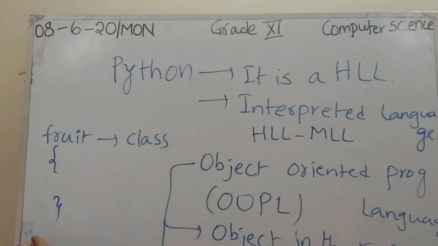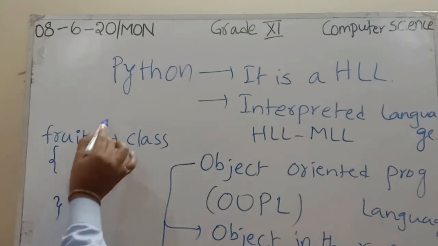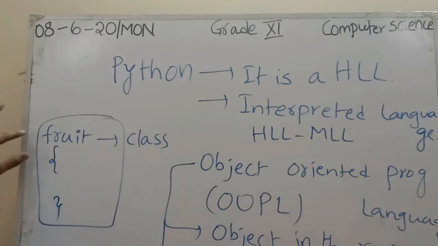But examples of fruits are objects. Banana is a fruit. Orange is a fruit. Mango is a fruit.